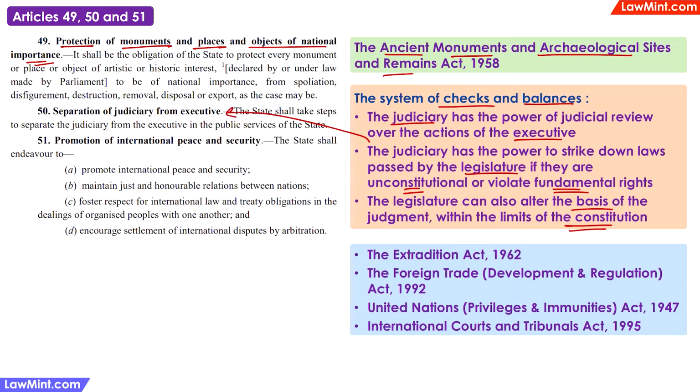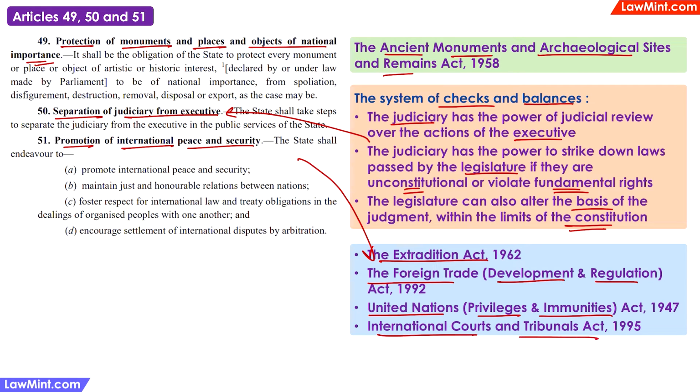All of this is a part of the separation of the judiciary from the executive and also the legislature. And with regards to the promotion of international peace and security, there are acts like the Extradition Act, the Foreign Trade Development and Regulation Act, the United Nations Privileges and Immunities Act, and the International Courts and Tribunals Act.